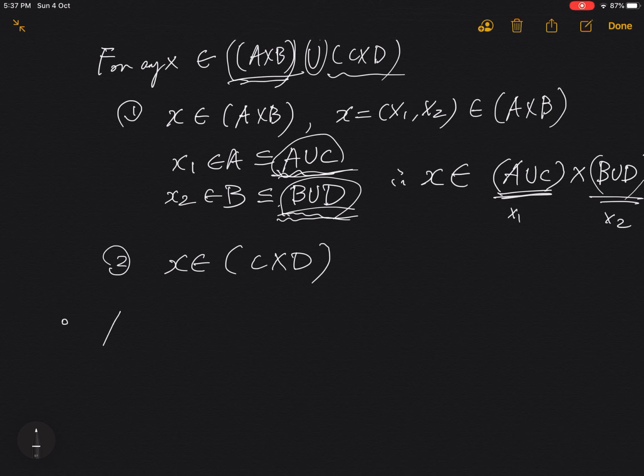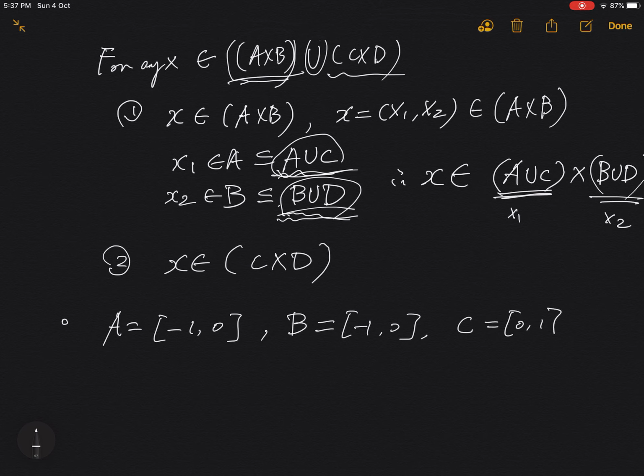So if we take A as an interval, and B also an interval, starting from -1 to 0, and C is starting from 0 to 1, D is starting from 0 to 1.